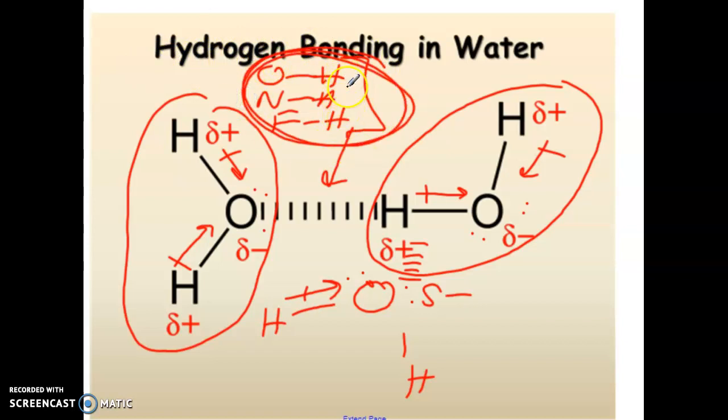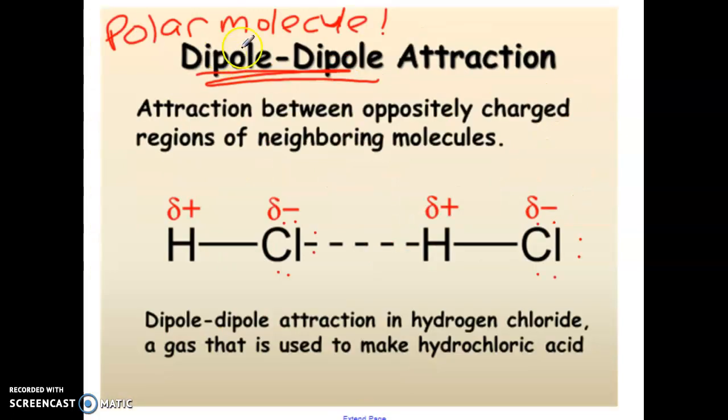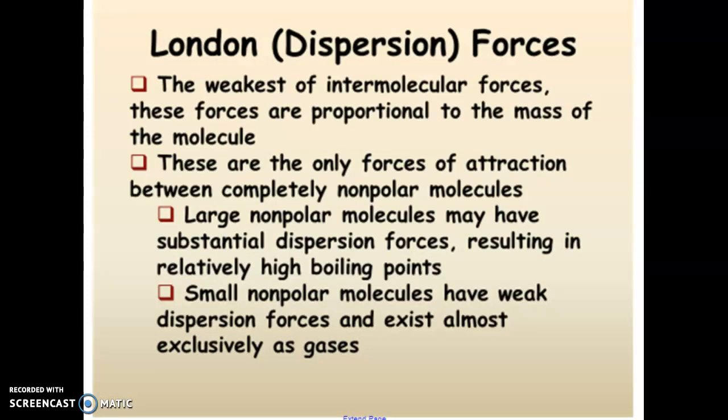That's the criteria to look for. Dipole-dipole happens in every single polar molecule. There's attraction between the oppositely charged regions of neighboring molecules. The slightly negative end of one molecule is attracted to the slightly positive end of a nearby molecule. It's like they're little mini magnets.